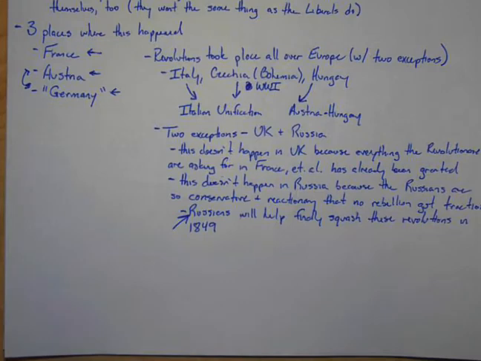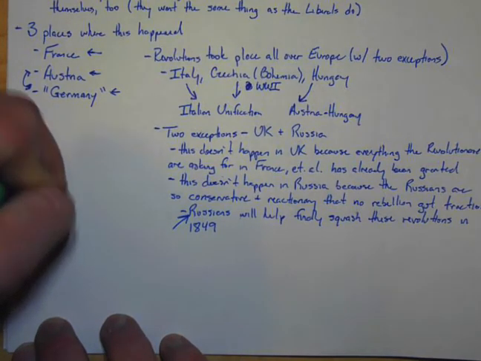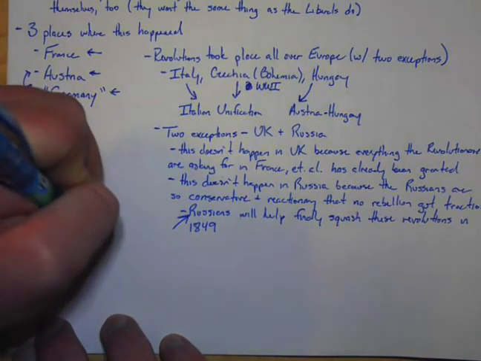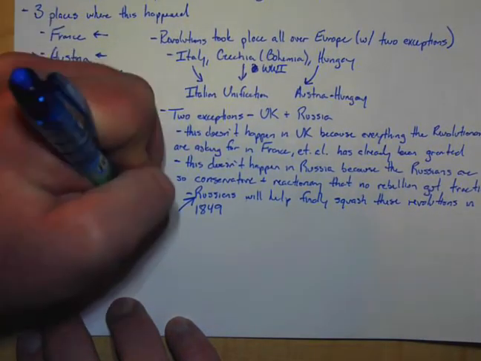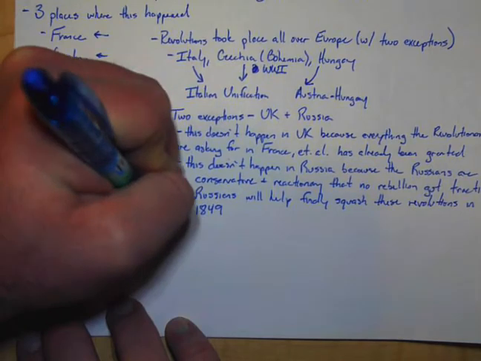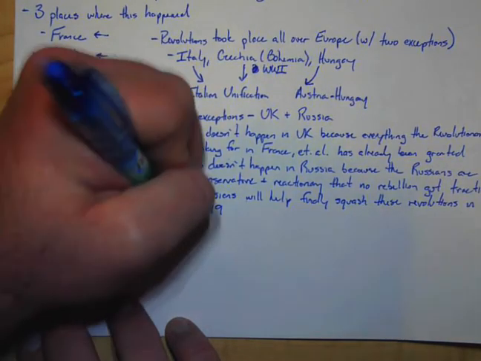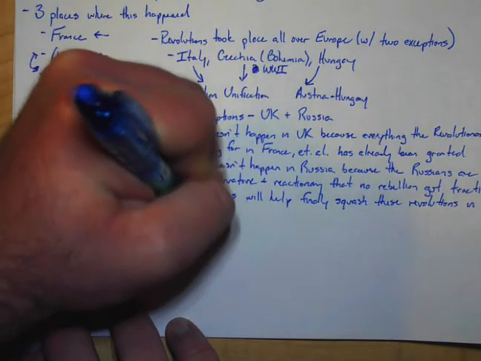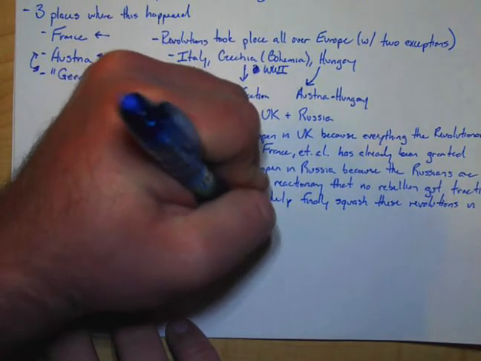Now, here is a general pattern that we're going to notice. And the general pattern that we're going to see is almost an exact replication of what happens in France in 1830 and 1832.